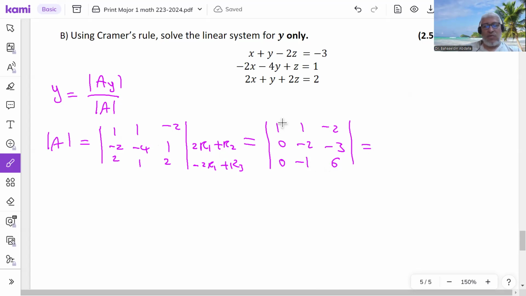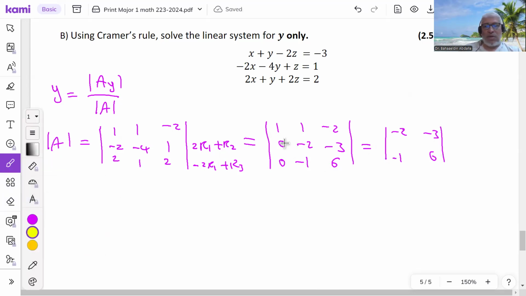And to evaluate this determinant, I'll use cofactor expansion along the first column. So 1 times the minor. The minor of this 1 is -2, -3, -1, and 6. So you cancel the row and the column. Okay.